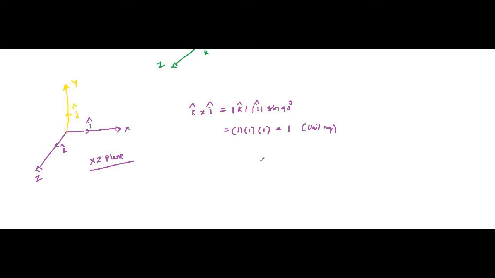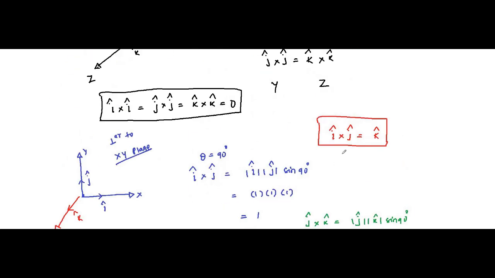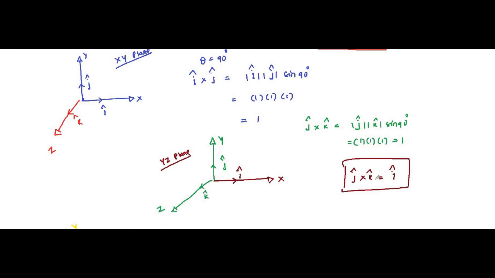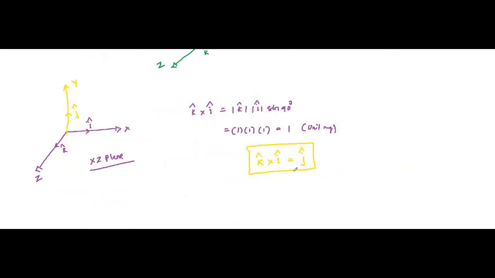So from here we conclude that k cap cross i cap gives us j cap. So i cross j gives us k cap, j cross k cap gives us i cap, and k cap cross i cap gives us j cap.